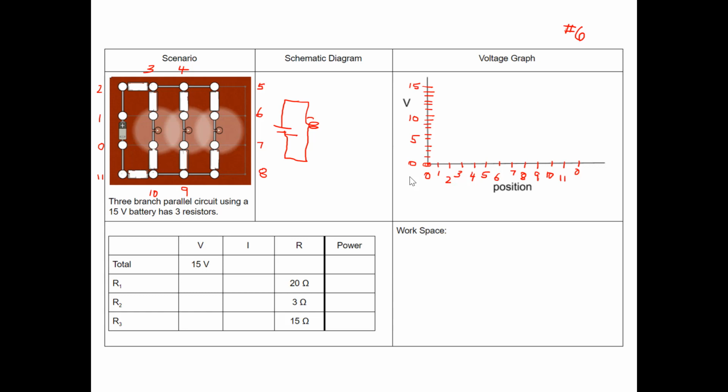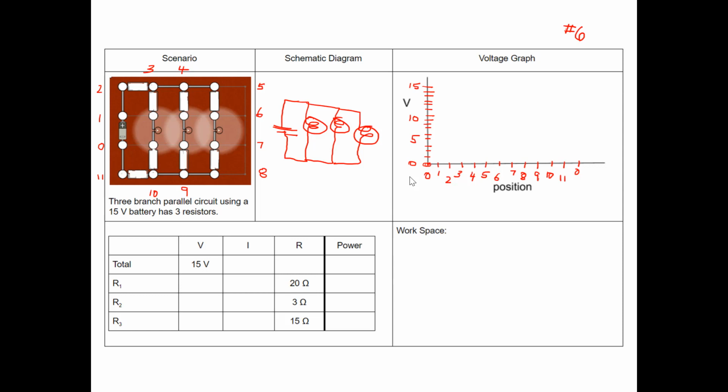I'll put that light bulb symbol there. I've got another parallel path, a light bulb, and back around. And then finally we have a third parallel path, light bulb, and back around to the battery. Remember, in a parallel circuit, all of the branches, and each of these is a branch, have the same voltage.